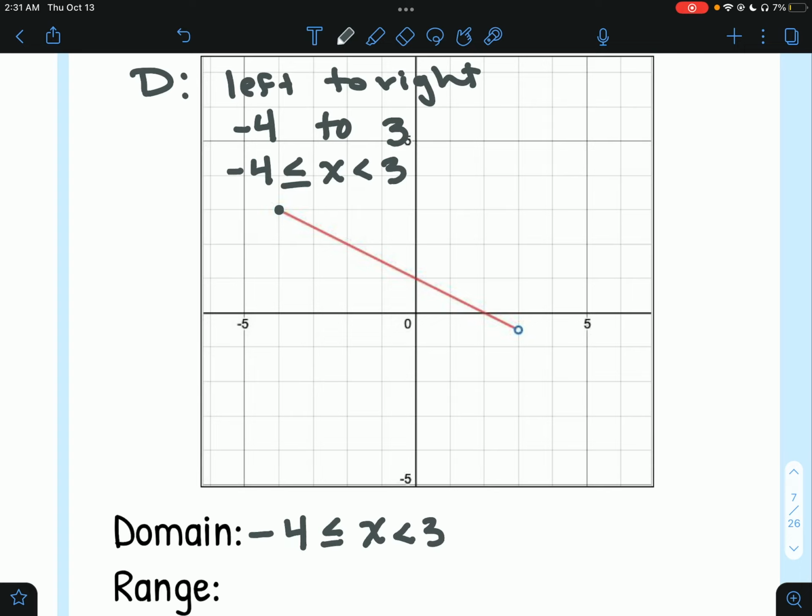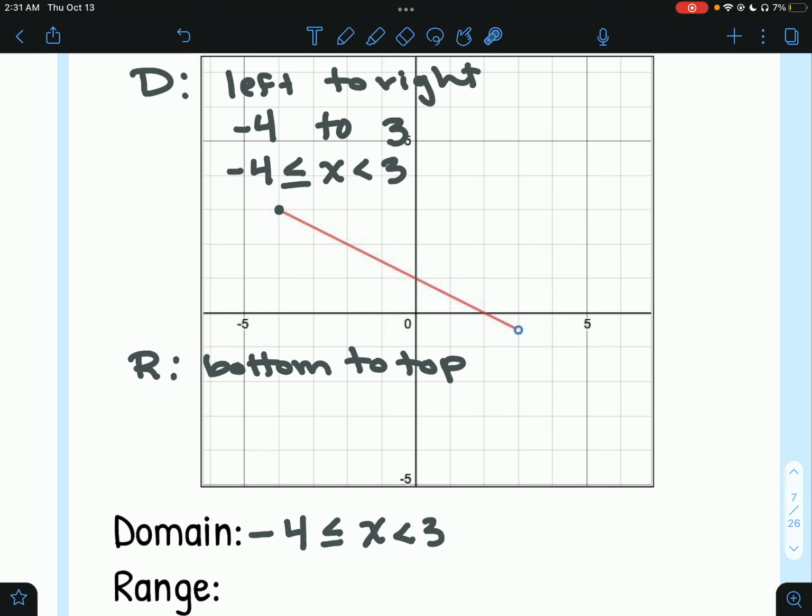We're going to do the same thing with range. And for range, we say bottom to top. So our lowest y value, we put our pin on the lowest point. It would be right here.